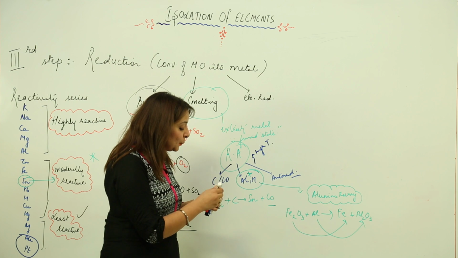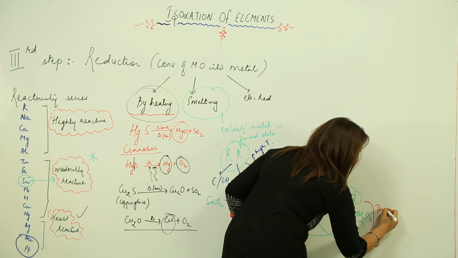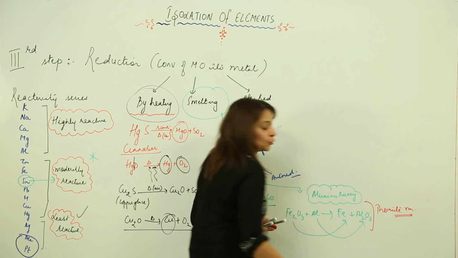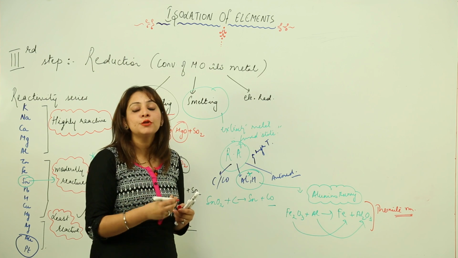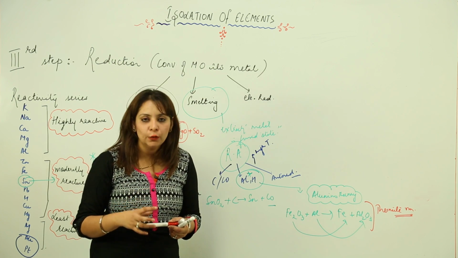You know that there is a special name for this reaction. This reaction is called the thermite reaction, and it serves a useful purpose. It is used for thermal welding, for welding of railway tracks.